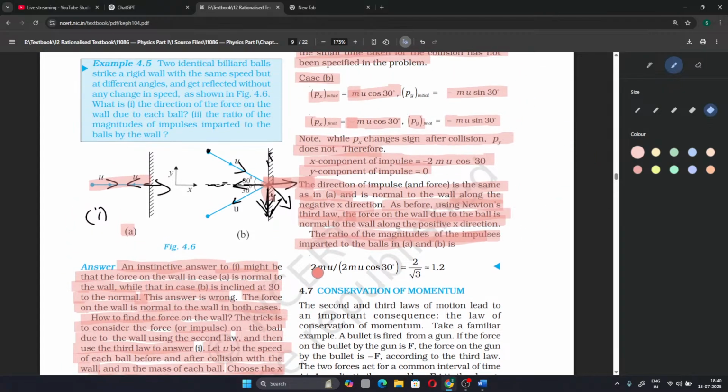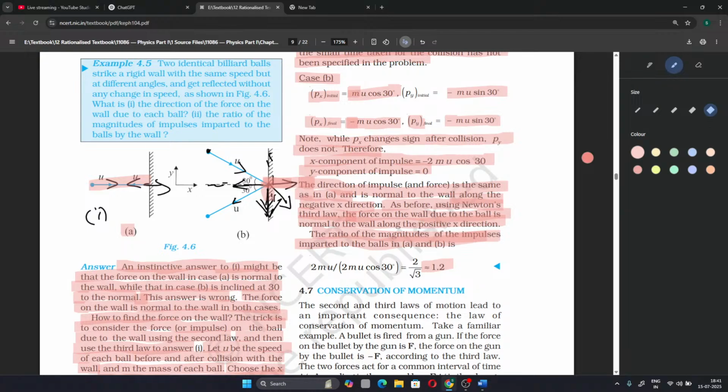So when we divide minus 2 m u by minus 2 m u cos 30 degree, it will be 2 by root 3, which is approximately 1.2. This is the ratio. And this paragraph here means that the direction of the impulse and the force is the same. That is a point to be remembered.